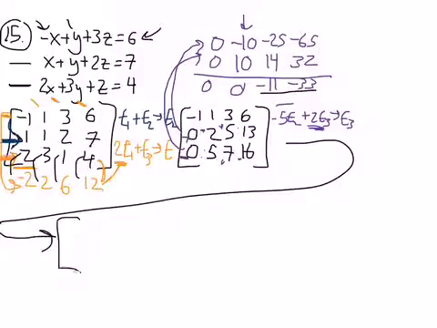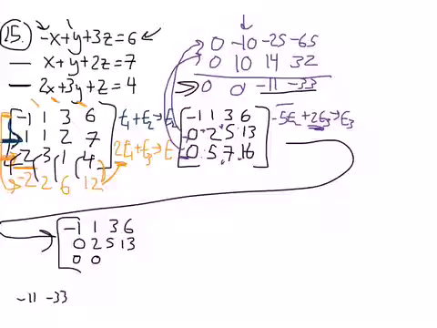My first row is still -1, 1, 3, 6. My second row, 0, 2, 5, 13. My third row, I just converted to 0, 0, -11, -33. If I divided both of these by -11, that would make this a 1 and this a 3, which is gorgeous. That's exactly what I want, because now I know the value of z.